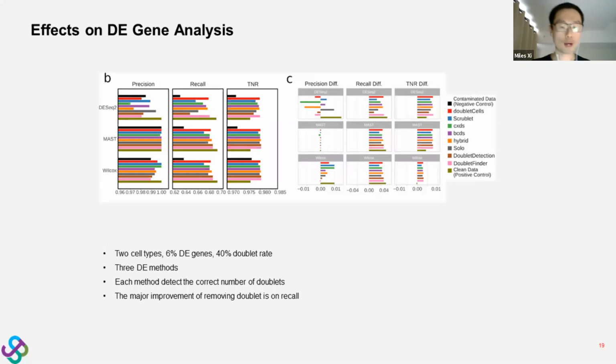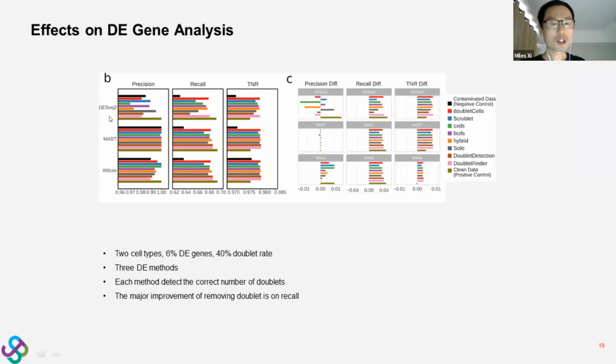So of course, if you have doublets, your DE genes will be different from your clean data. So we want to see how each method can improve the DE gene analysis after applying them to remove doublets. So the figure just showed the first one.